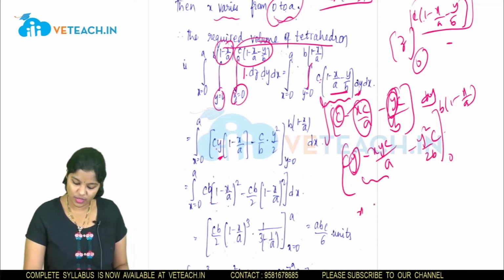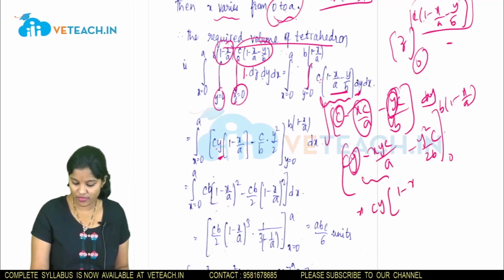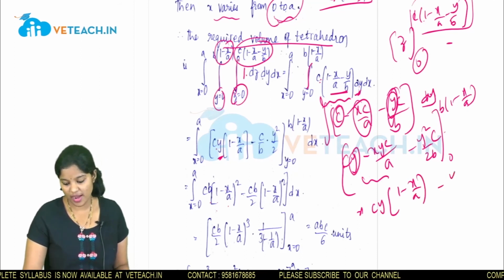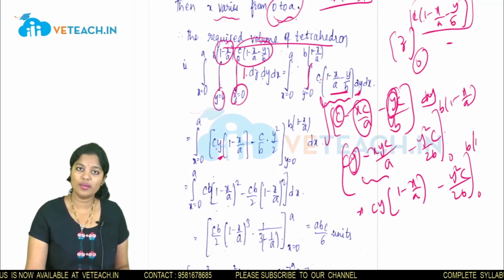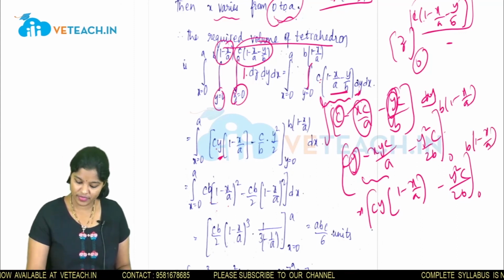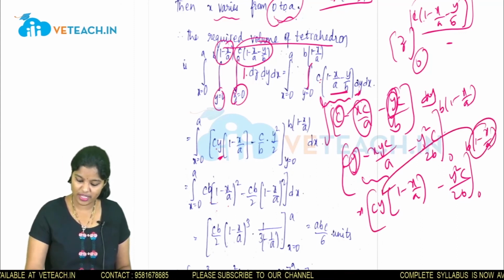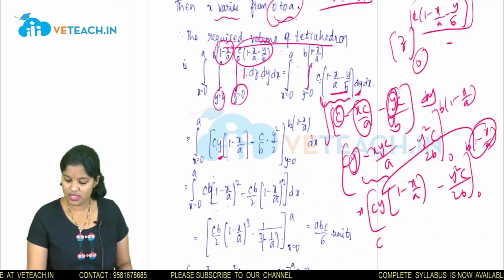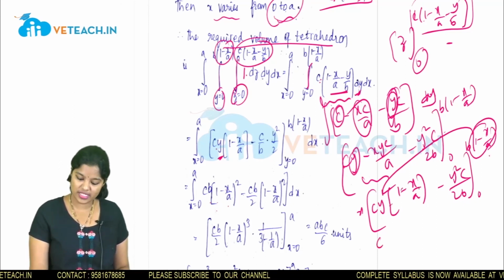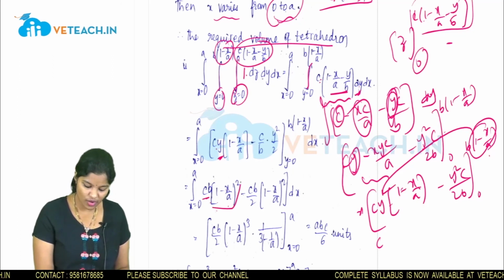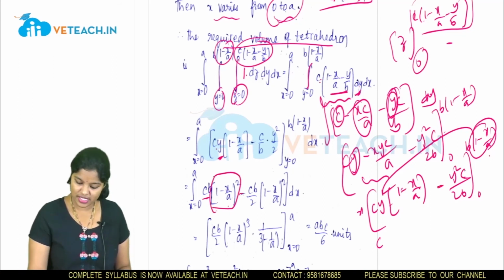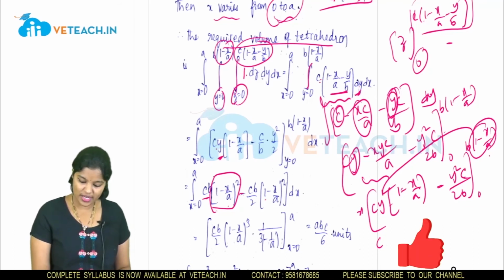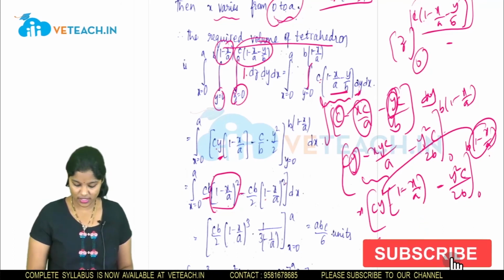So now from these two terms take cb as common. What we will get? 1 minus x by a whole square minus c into b into 1 minus x by a whole square divided by 2.